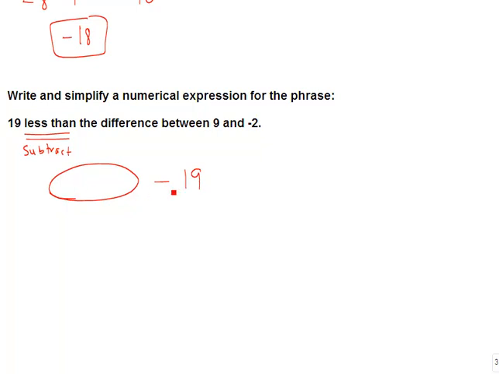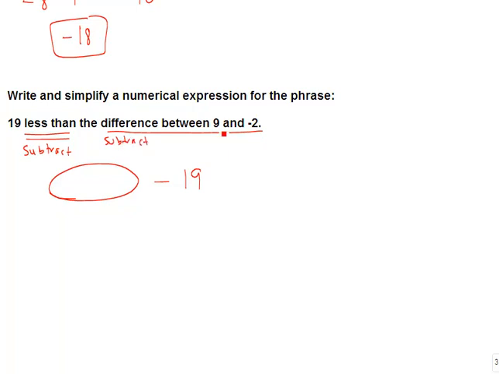Okay, so that's initially how you want to start it out. The 19 came first in English, but it comes second after the minus sign. So whenever you see that phrase less than, switch the order around. Now what are we taking that 19 away from? Another difference. A difference between 9 and negative 2. Difference also means subtract.